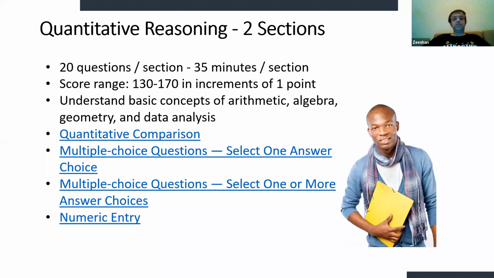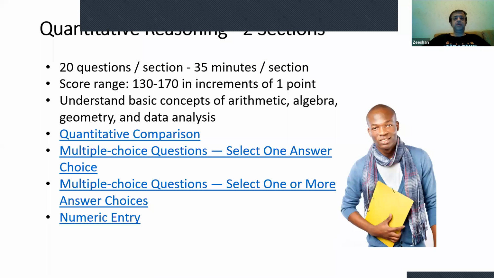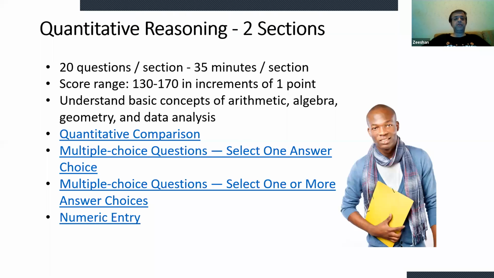So these are the 4 question types included in the math portion. Quantitative comparison: here two quantities are given to you and you need to compare them. Then you have MCQs, in which there is 1 correct answer that you need to select.